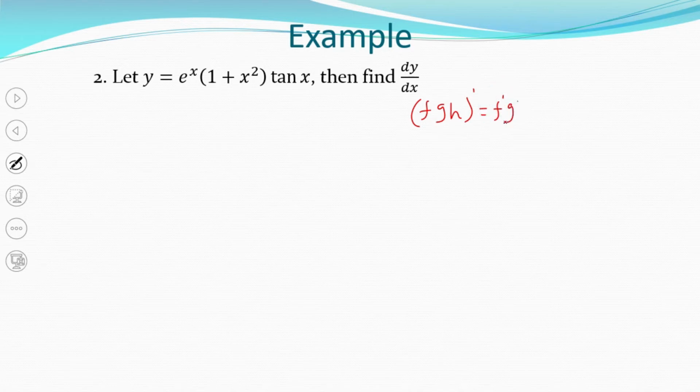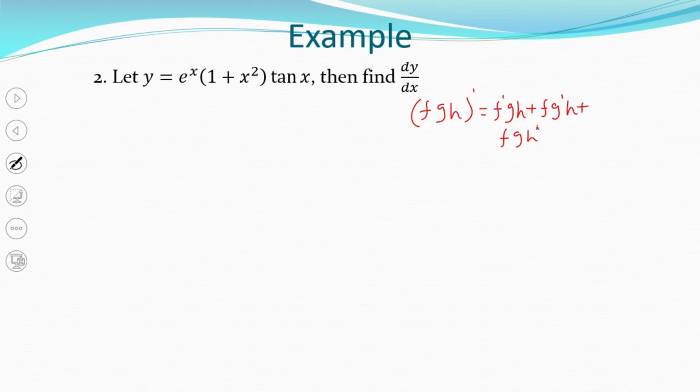The derivative will be f derivative times g times h, plus f times g derivative times h, plus f times g times h derivative.